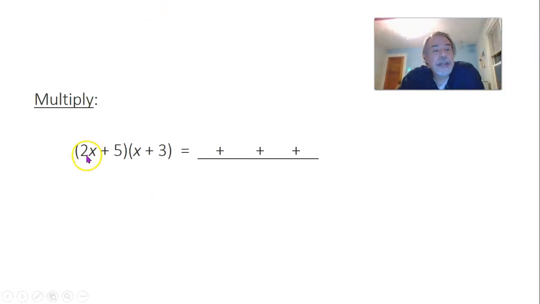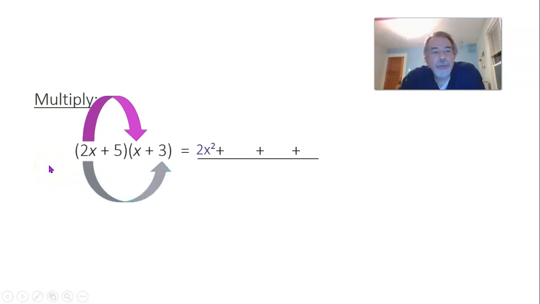So you'd multiply together the first terms, 2x times x, to get 2x squared. And you'd multiply together the outer terms, 2x times 3, to get 6x. And you'd multiply together the inner terms, 5 times x, to get 5x.